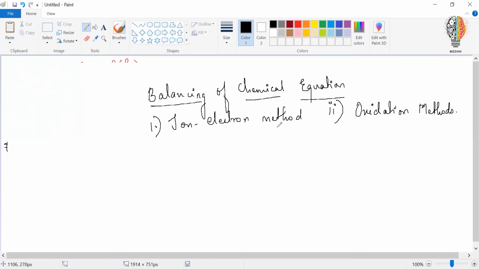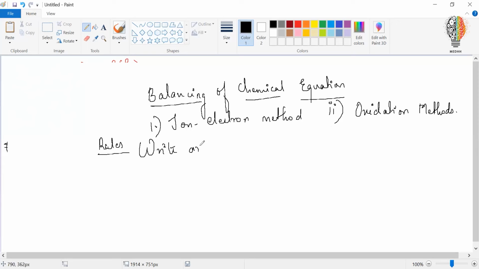So the very first one, that is your ion-electron method. You should know a few rules. Okay, a few rules are required to understand this particular method. If you follow these rules, I'm very much sure that you will be able to balance out the reaction. So the very first rule, or how to identify whether the equation needs to be balanced with this method or the oxidation state method, is that the written equation will be in ionic form.